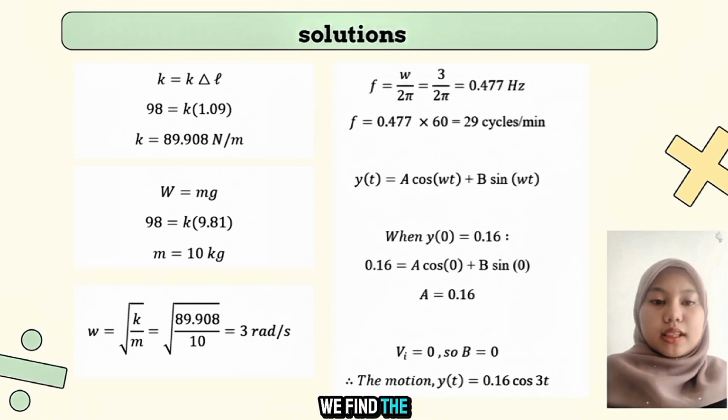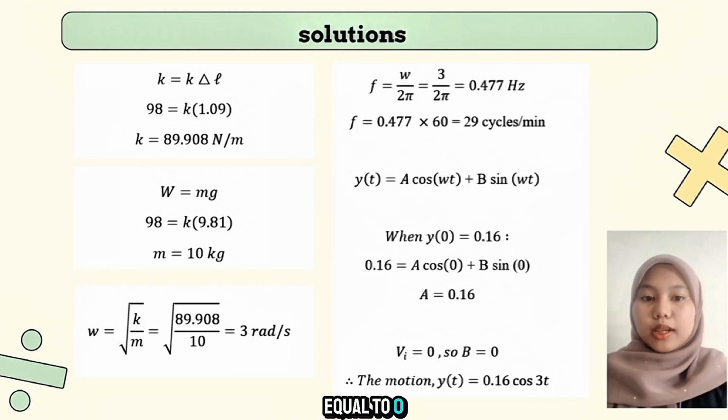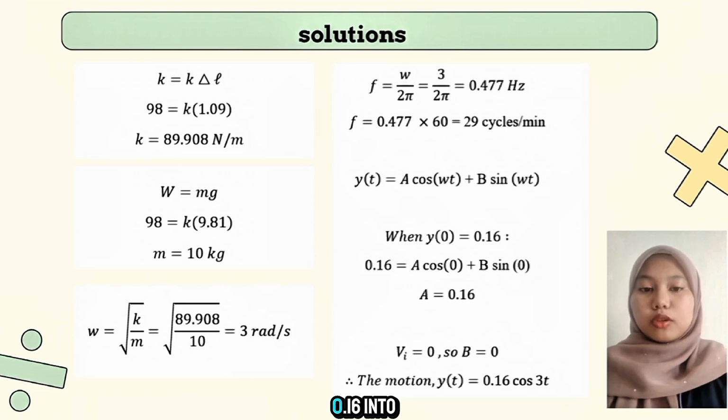After that, we find the equation of motion. The equation of motion is y(t) equals a cos omega t plus b sin omega t. When y(0) equals 0.60, we put the 0.60 into y, so the value of t is 0.